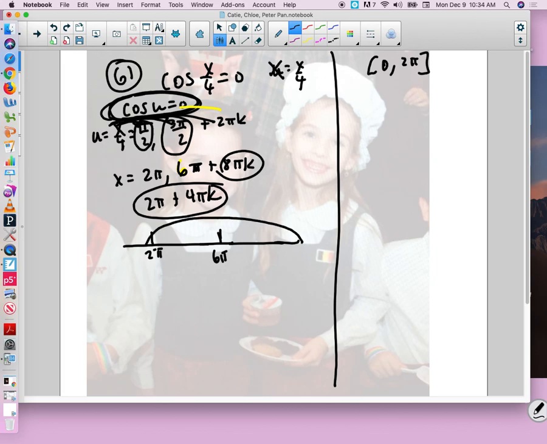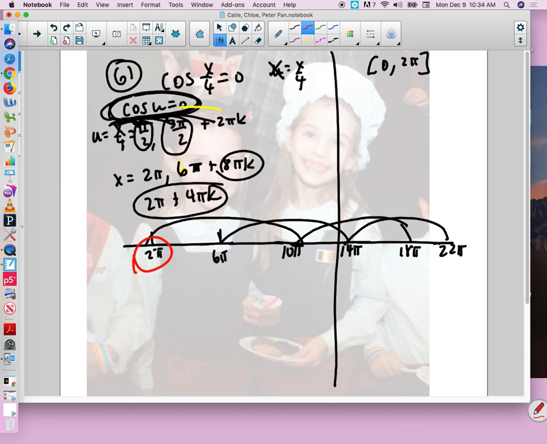That carries this one to 10. That carries this one, when I add 8, to 14. When I add 8 to this one, that carries it to 18. And when I add 8 to this one, it carries it to 22. So if you look at what Rebecca said, you could also pick these up as you go. Okay?